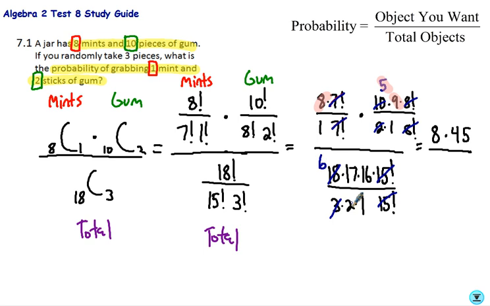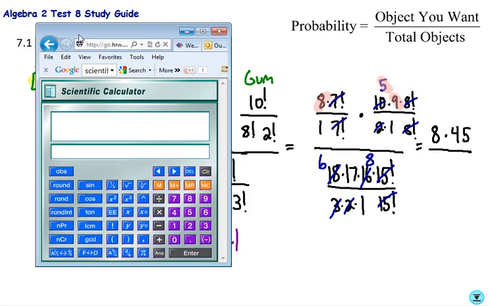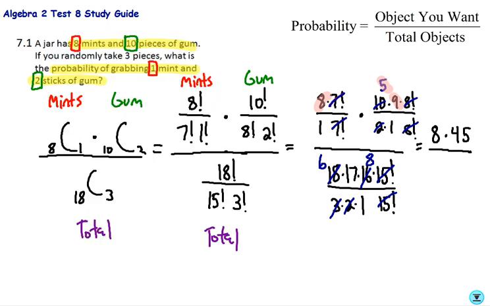And then 2 goes into 16 8 times. And then if we multiply that out, we can use the calculator to help us here. So 6 times 17 times 8, we get 816.